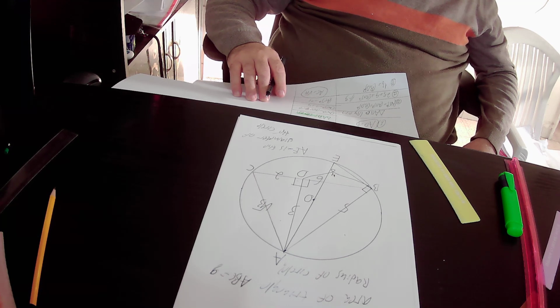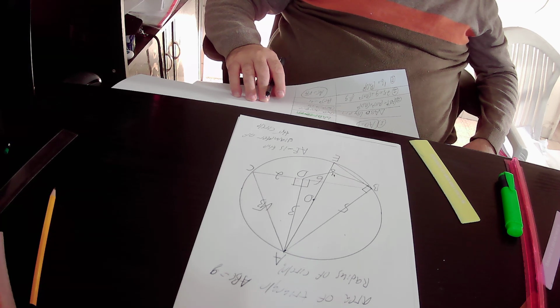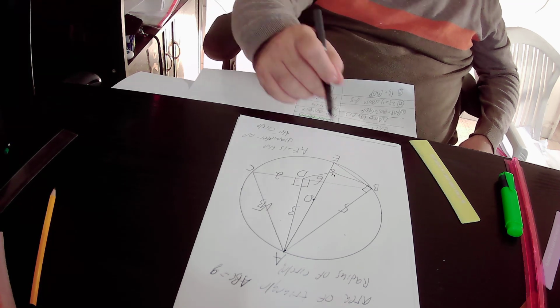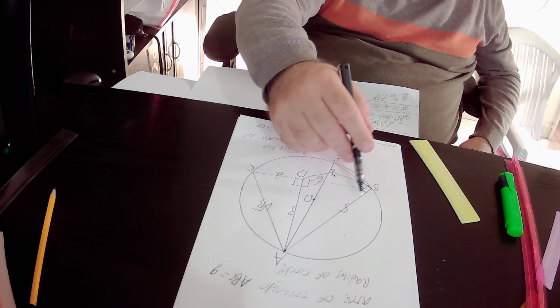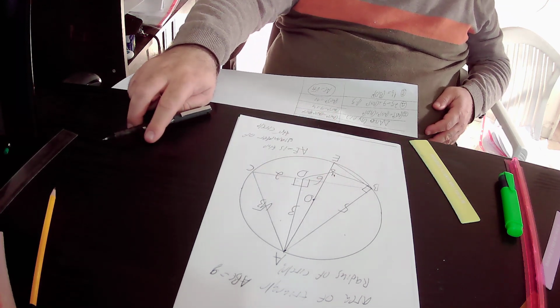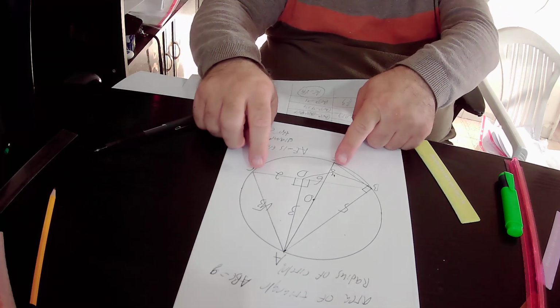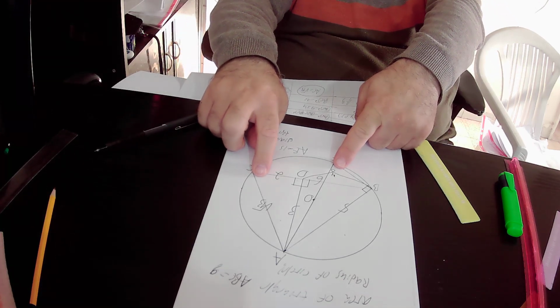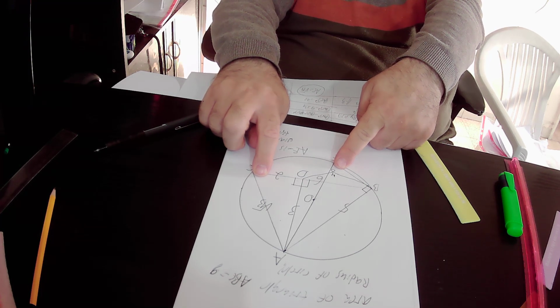I'll repeat again. Peripheral angles that rest on the same chord are equal to each other. In the next step, we'll focus on chord AB. On chord AB, we have those two angles, they both rest on chord AB. Therefore, according to the rule that I mentioned, they must be equal to each other.